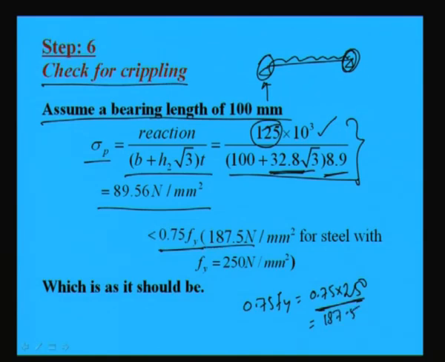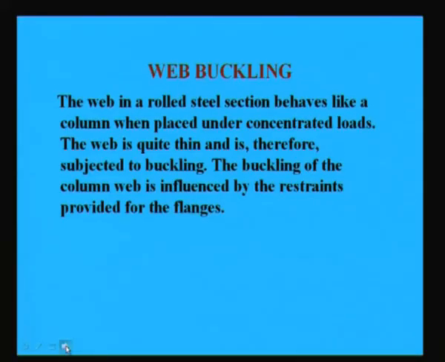This is the allowable stress in bearing, and the developed stress in bearing is 89.56, which is less than the allowable one, so this is also safe. In this way we can check the assumed sections step by step and then finalize the section for a particular beam. Next we will go for web buckling.